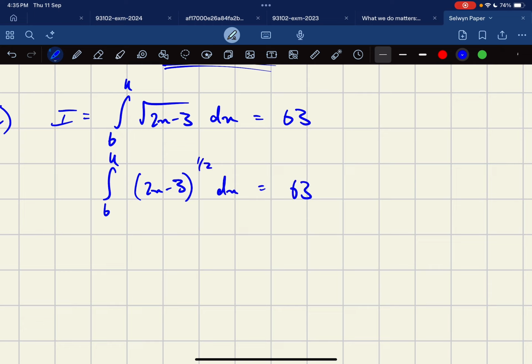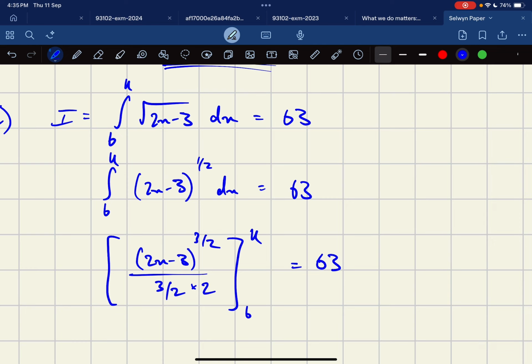Integrating this, you raise the power by 1, so 3/2, divided by the new power. And then you also have to divide it by the derivative of the inside function. So that's dividing it by 2 as well, from 6 to k is equal to 63.